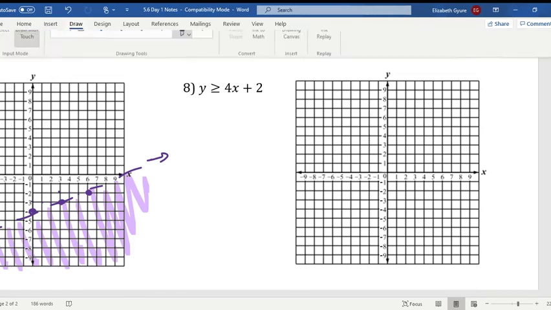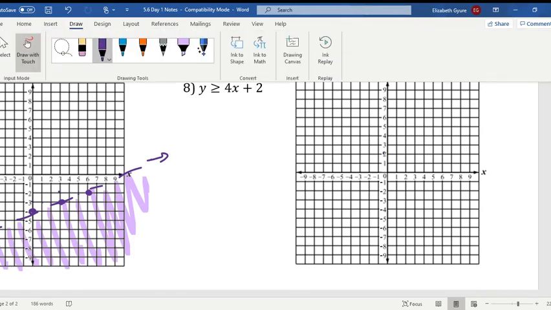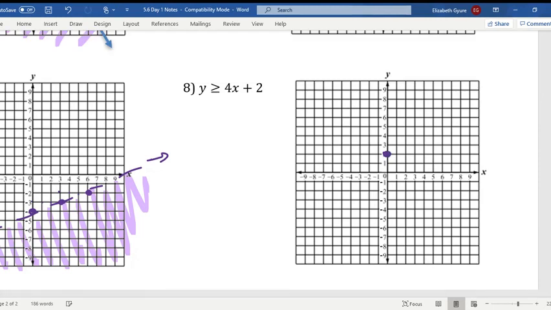Yep, so we're going to put a dot at the 2. Good. And then, Lynn, what's my slope and how do you think I count it out? Good. It is 4. Do you think I need to count up 4 or down 4, Lynn? Up. Good. So if it's 4, we're going to count up 4.